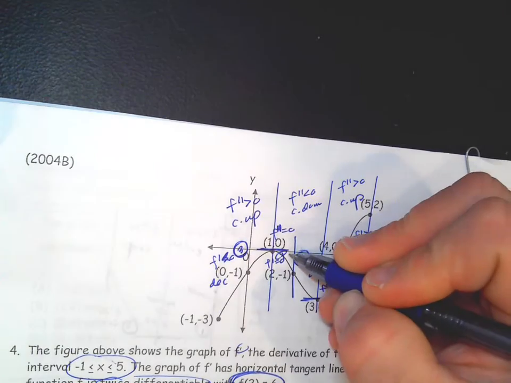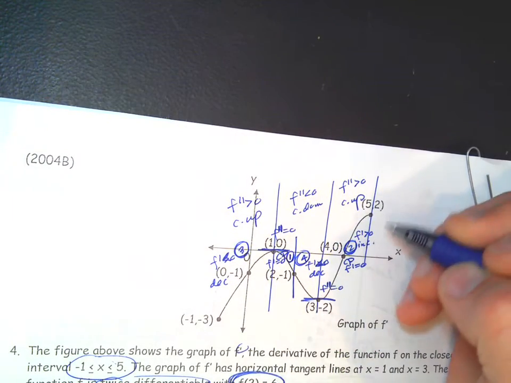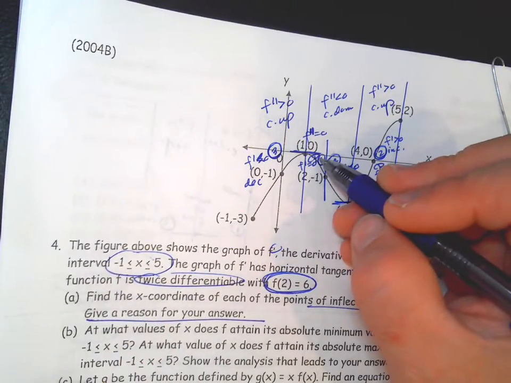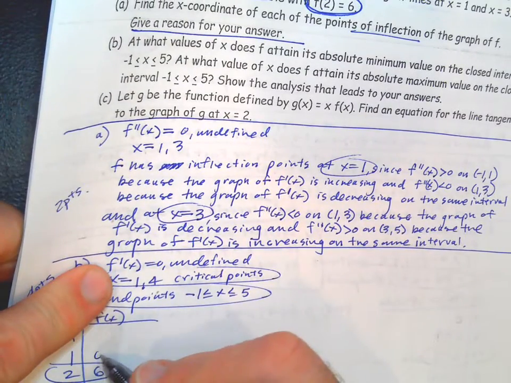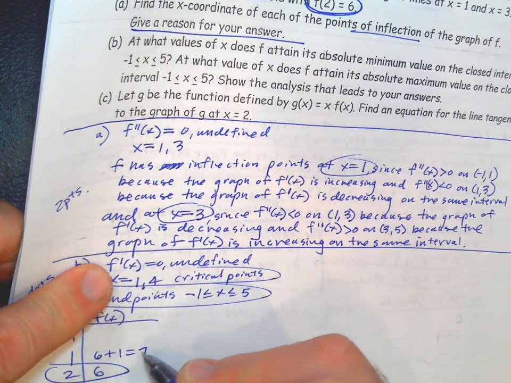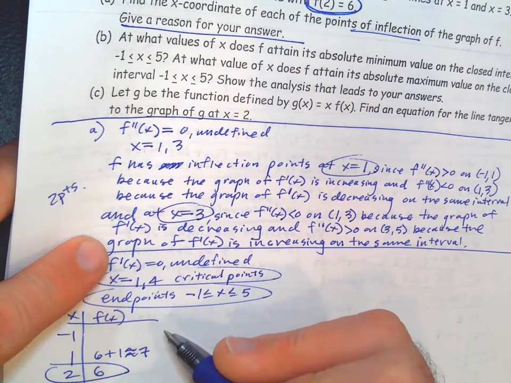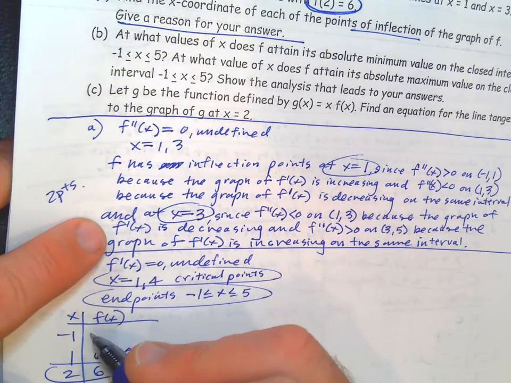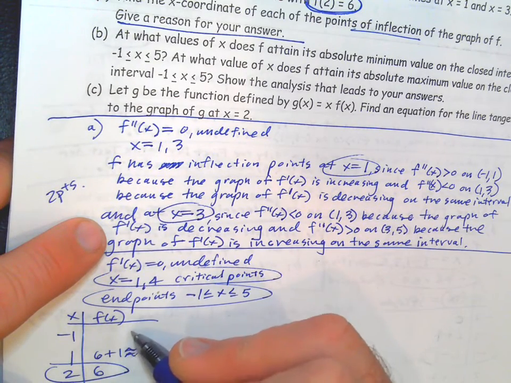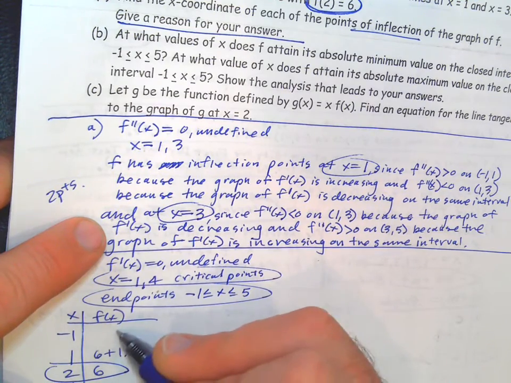So maybe this little area right here is like 1. So it's negative. We're going back. It was decreasing, but we're going backwards. So that means you need to add 1 to this. So it's about 7. And then we're decreasing, going backwards another 3. So we would add another 3 to this, and it would be about 10.